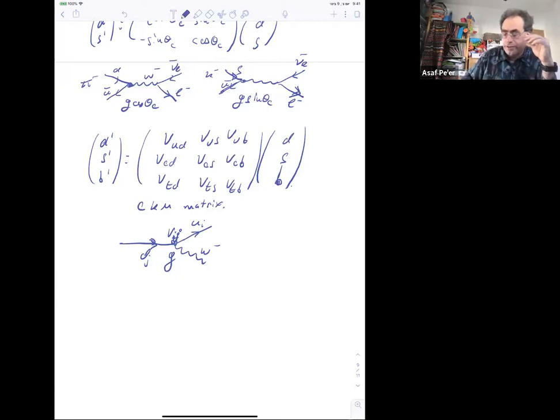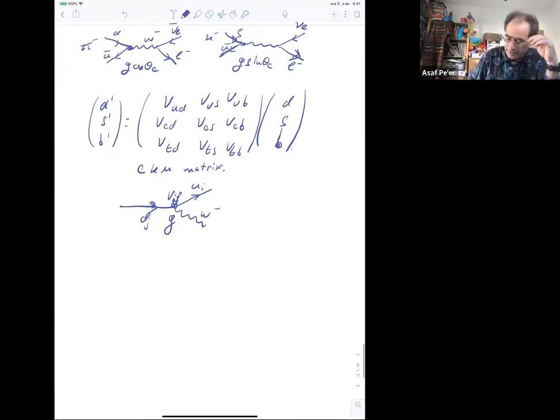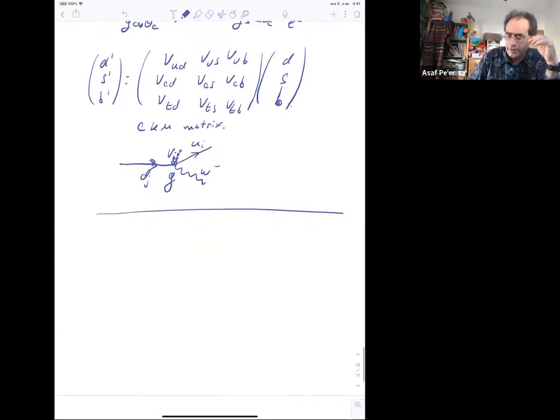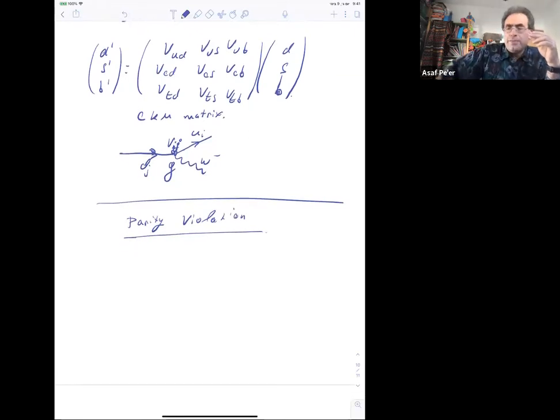Okay, no questions. Today we have something which is, to me, very interesting. Let's call it the parity violation. So remember, what does a parity operator do?